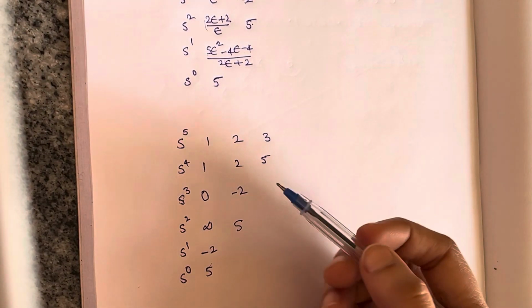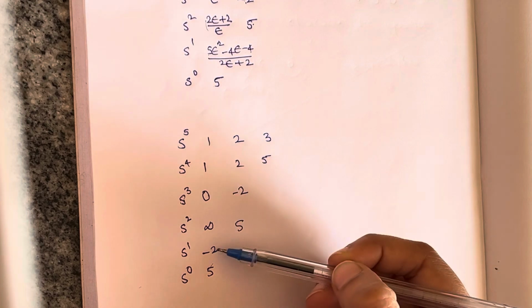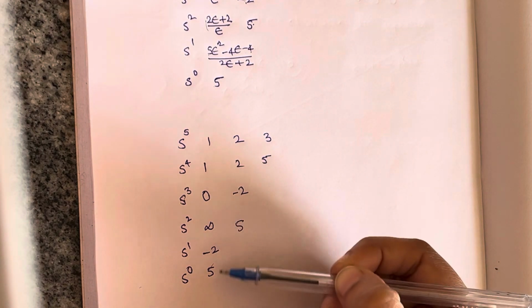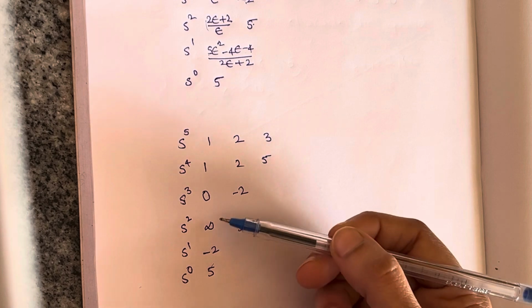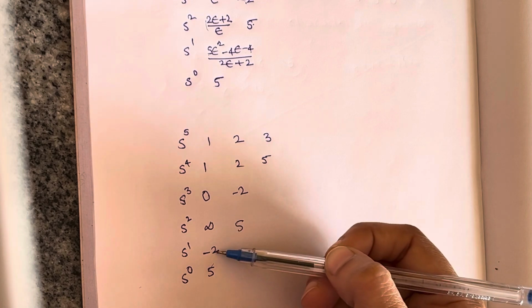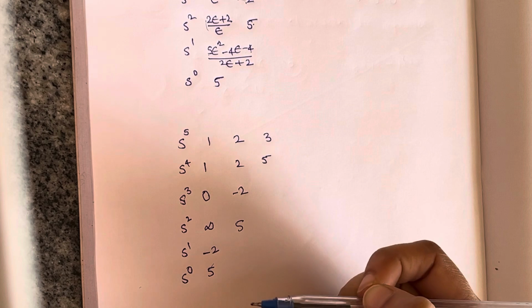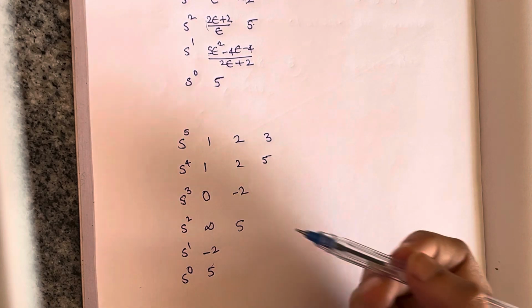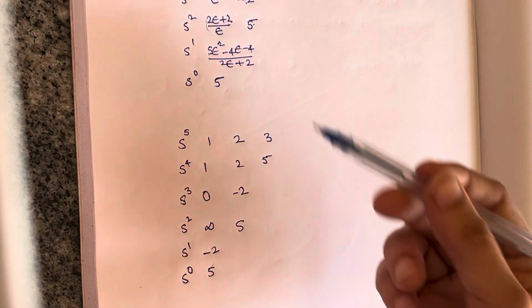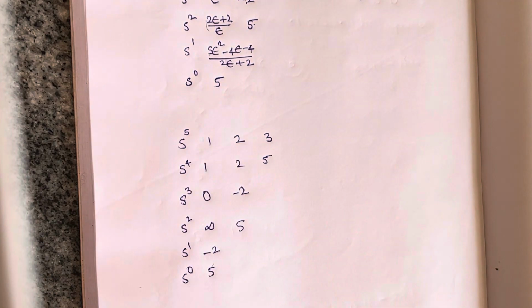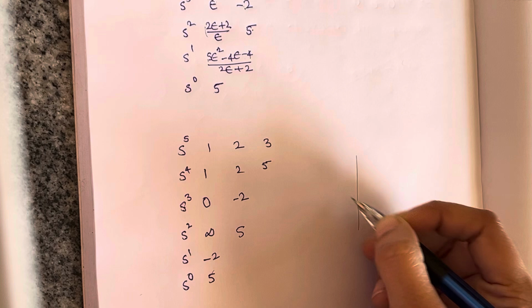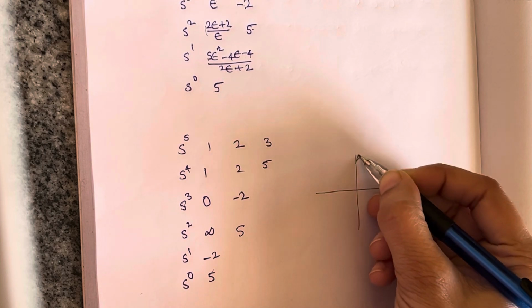Now you can observe that we are having two sign changes in our Routh array. That is minus 2 to infinity and the other one is minus 2 to 5. So by seeing this itself, we can say that the given system is unstable. So you're having this S-plane.